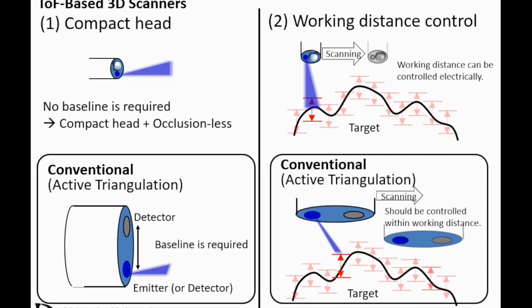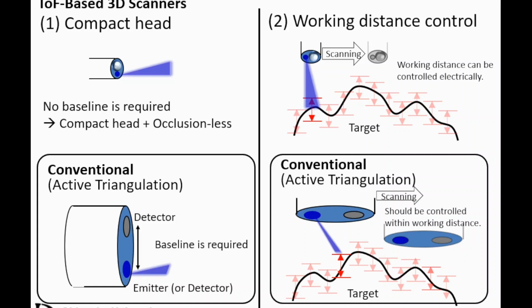Another merit of the ToF-based 3D scanner is working distance control. In the conventional method, the range precision is strongly dependent on the target distance. So to capture the 3D image, the scanner head should be moved in the z-axis.